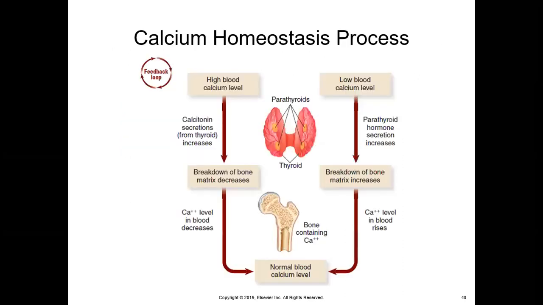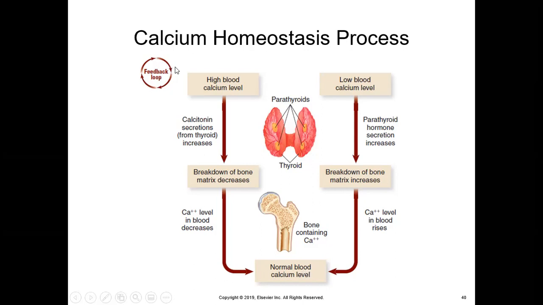So if you want to look at this here, this just kind of gives, if we looked at osteoclast activity. If you have a low blood calcium level, parathyroid hormone will increase, and parathyroid hormone causes osteoclasts to break down bone. When you break down bone, the calcium level in blood will rise. You get normal blood calcium levels.